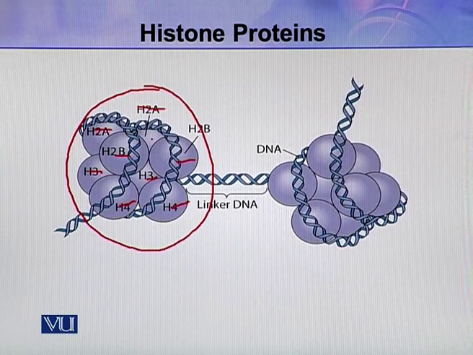So these 8 histone molecules are present inside the nucleosome, and H1 is present on the upper surface of this nucleosome. That is a sort of linker histone.